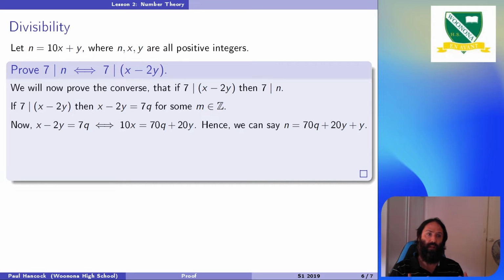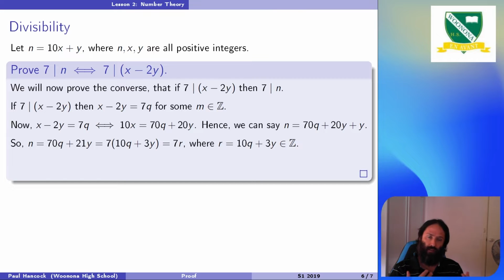And therefore, given that we know n is equal to 10x plus y, n is equal to 70q plus 20y plus y, plus that extra y in the end there. We've just replaced the 10x here with the 10x up here, which means that we can write n as 70q plus 21y, and again there's a common factor of 7 there. Therefore we've proven the result, that if 7 divides x minus 2y, then 7 divides n.